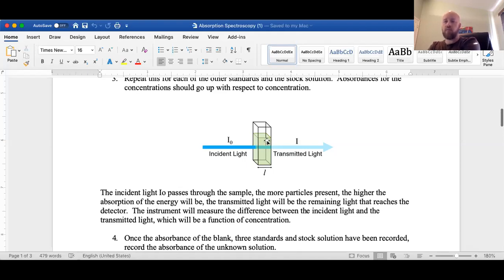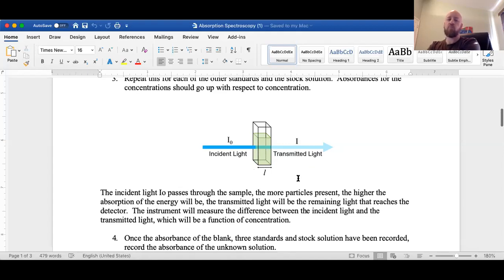We've done some dilution stuff, so you have dilution equations that calculate the concentration of the various standards. So there's a blank, 3 dilutions, and the stock solution being the highest concentration. And so we're able to measure the amount of light going in and the amount of light going out, and then the relationship of how much is absorbed by the sample as a function of its concentration.